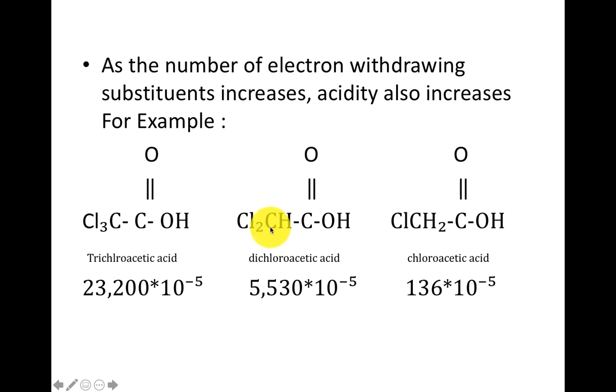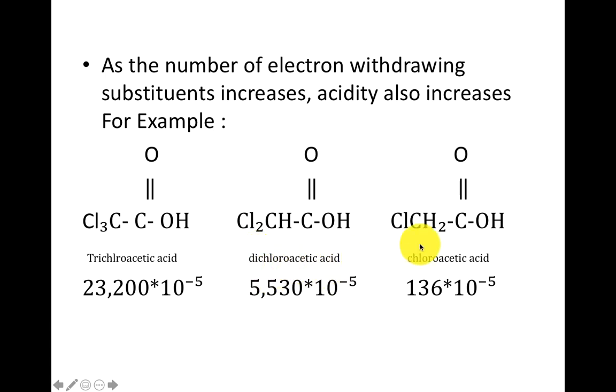See here only two chlorines are present. So here also the positive charge will be present, but compared to trichloroacetic acid, dichloroacetic acid has less positive charge. Since it has less positive charge, it will accept the electrons from this hydrogen but slower than trichloroacetic acid. So trichloroacetic acid is more acidic when compared to dichloroacetic acid.